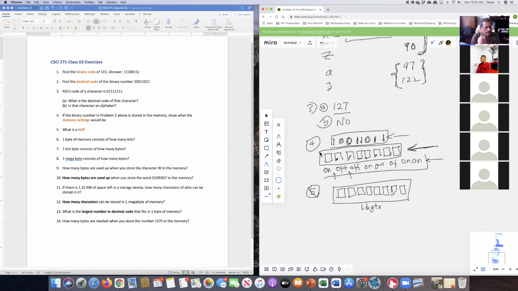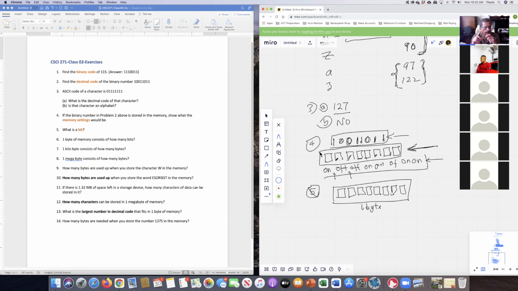Question 7 says 1 kilobyte consists of how many bytes? 1,000. So we use 1,000 as the steps for all the measurements of memory.